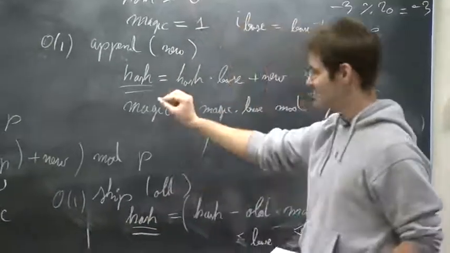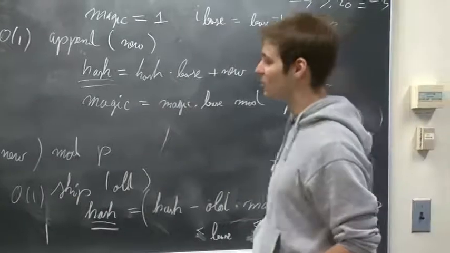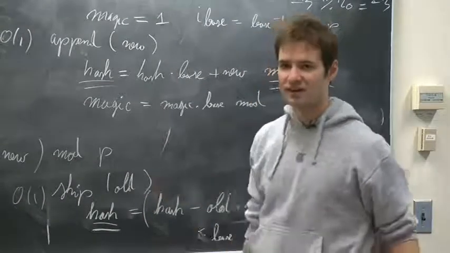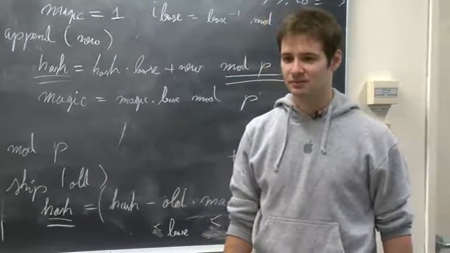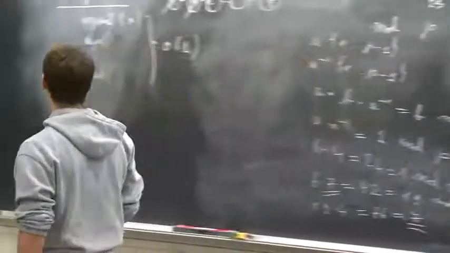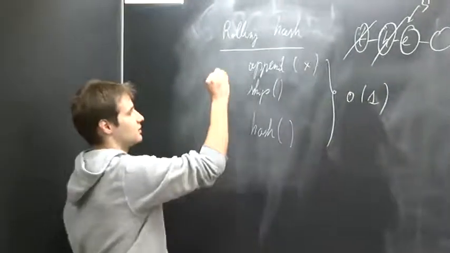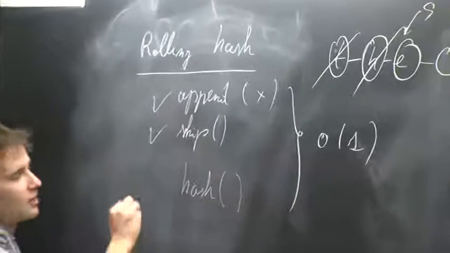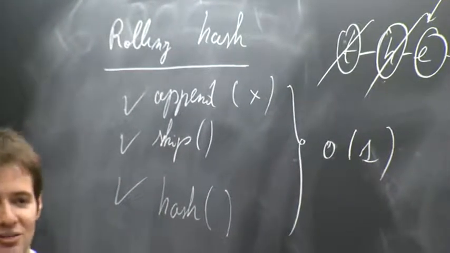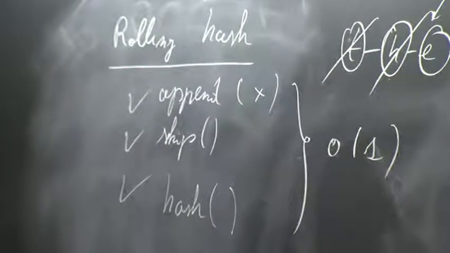It's one of our states. Yep, exactly. So the hash function returns hash, right? What's the cost of that? Constant. So append is constant time, skip is constant time, hash is constant time. We're done. This works. Any questions on rolling hashes before you have to implement one of your own?